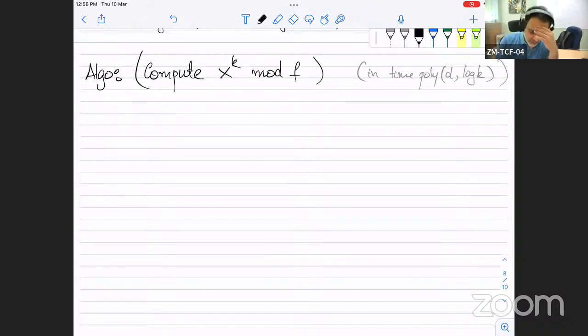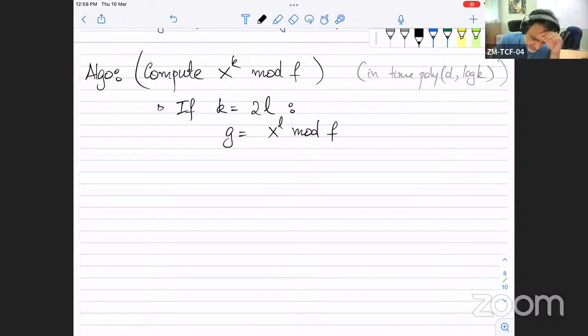Okay, so what do you do? The point is, if k is equal to 2l, that is, it's an even number, then I'm going to say let g be equal to x power l mod f. This is a recursive computation. Now you return g squared mod f.